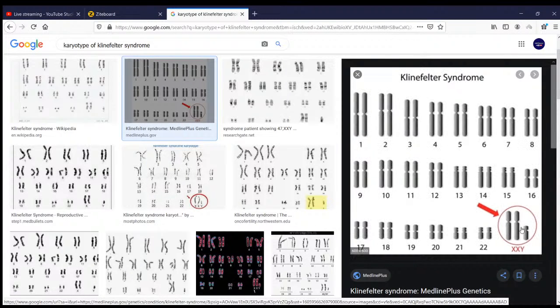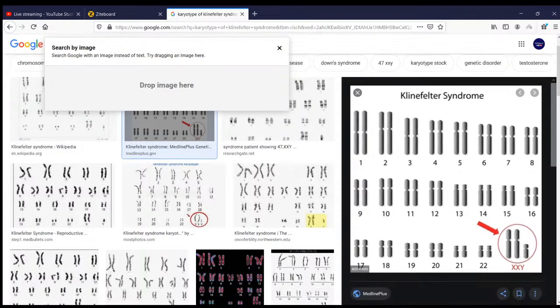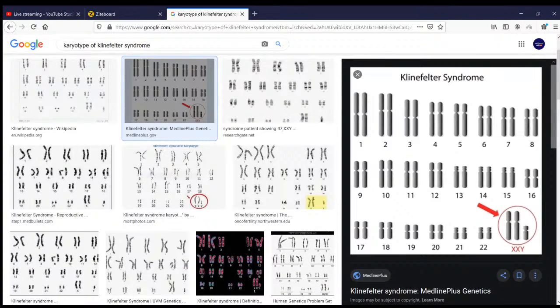Look here, 2X and 1Y. You can easily make out that this is a chromosomal defect, a chromosomal abnormality, right? That is known as Klinefelter syndrome.